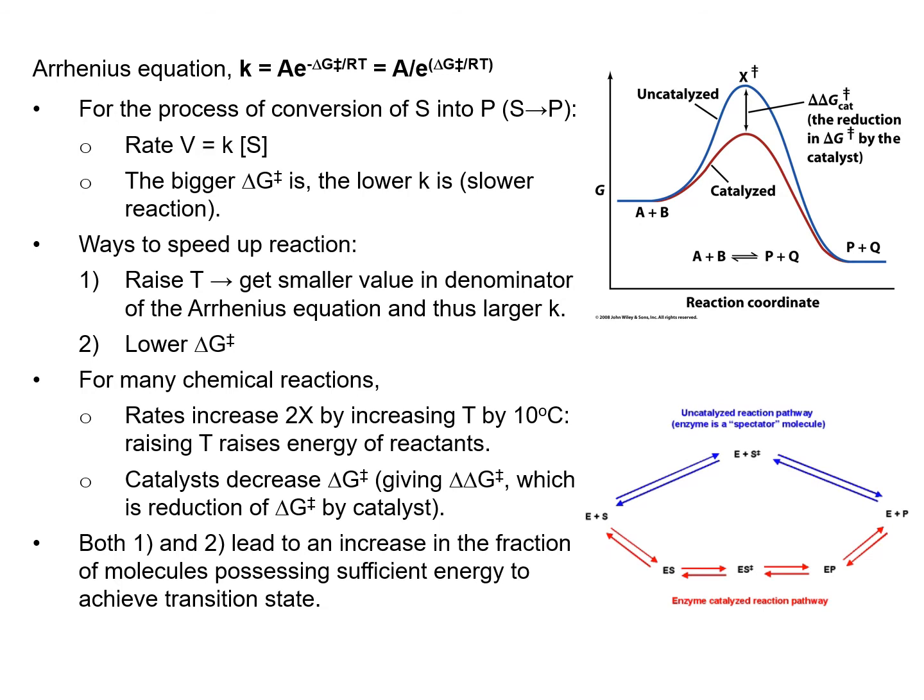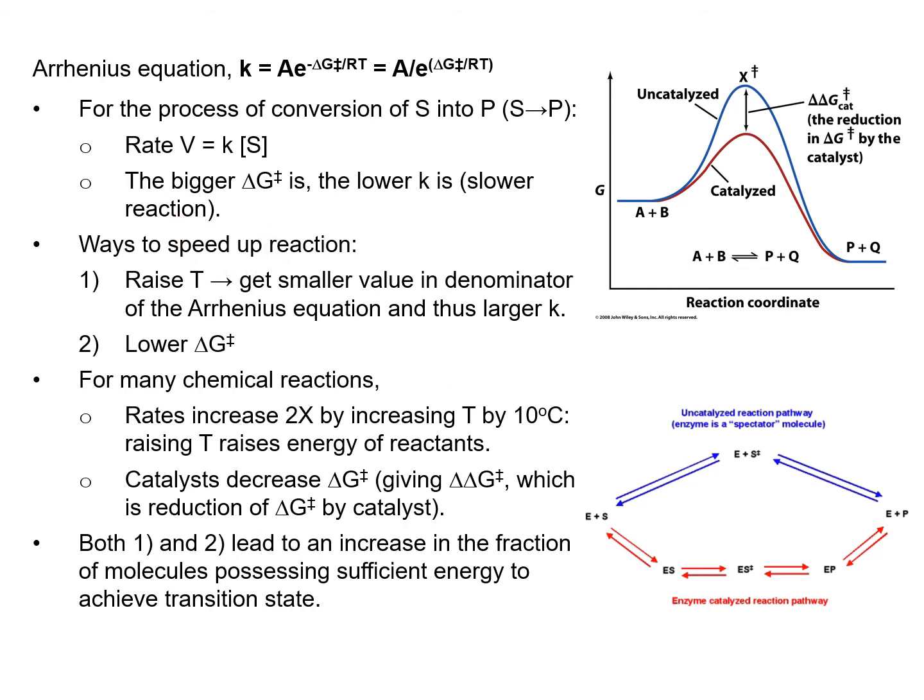For many chemical reactions, the rate increases 2 times with an increase in temperature of about 10 degrees C. Raising the temperature raises the energy of the reactants. Again, if you have higher fractions with high energies, then it will help you to speed up the reaction.